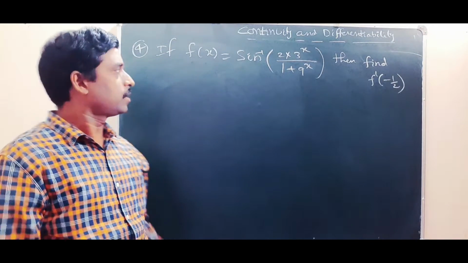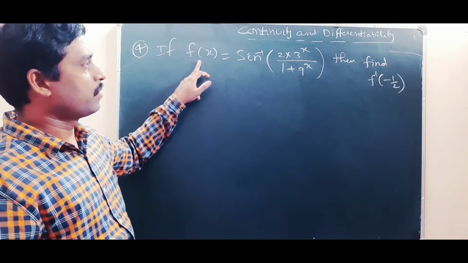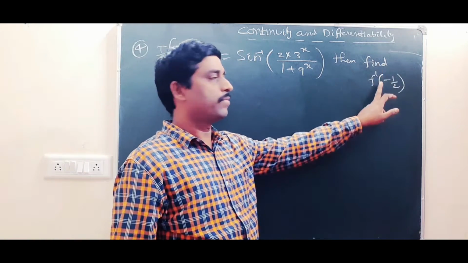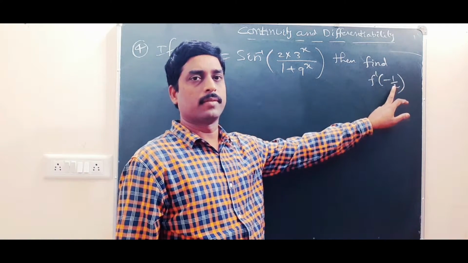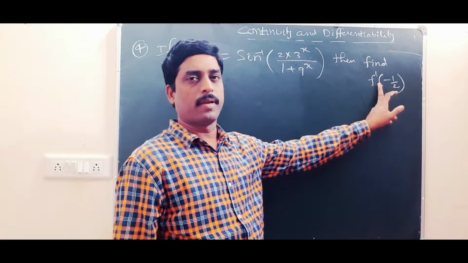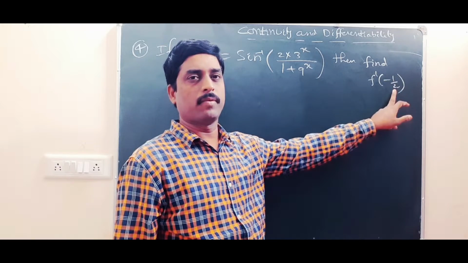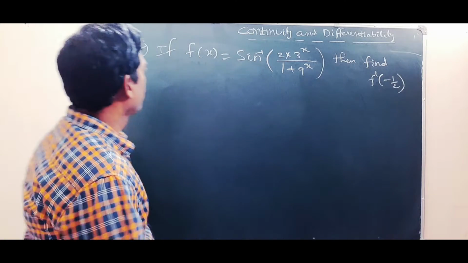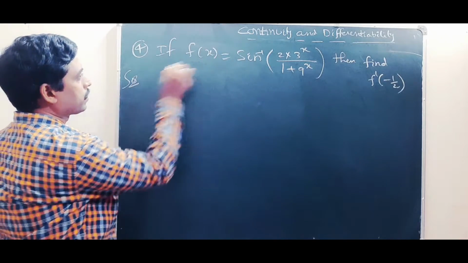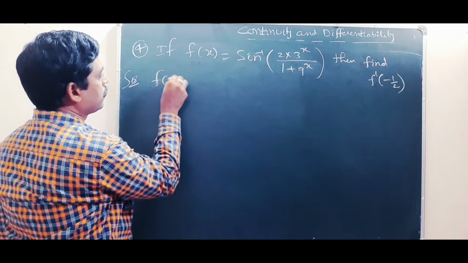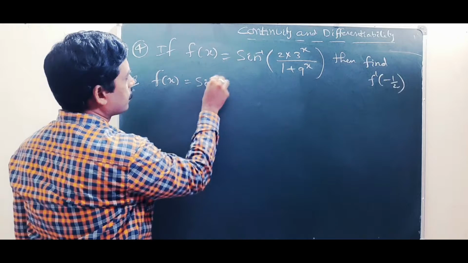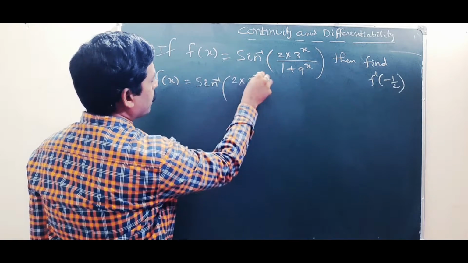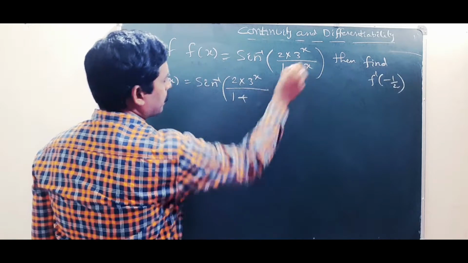Okay, moving to the next question. In the statement f of x value is given, then find out f dash of minus 1 by 2. Okay, it means f dash of x at x is equal to minus 1 by 2. What is given? F of x value given. F of x is equal to sine inverse of 2 into 3 to the power x by 9 to the power x.